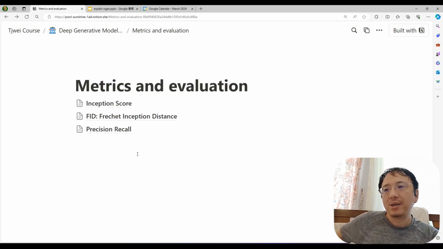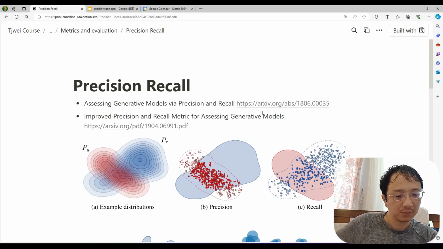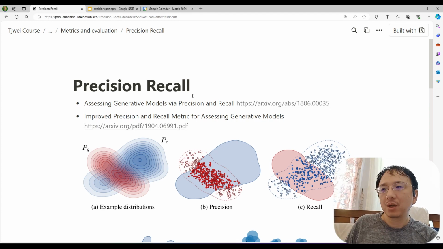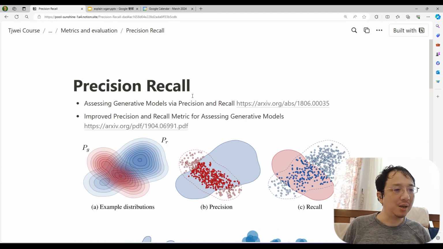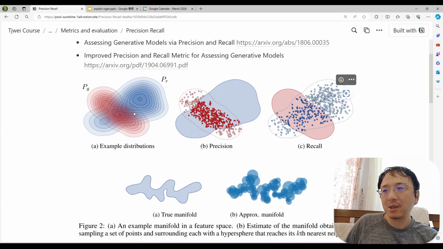The last method we are going to introduce is the precision recall method. Precision and recall are very commonly used in many fields like object detection and defect detection. So how does this precision and recall idea apply to evaluating image quality? Well, consider two manifolds.